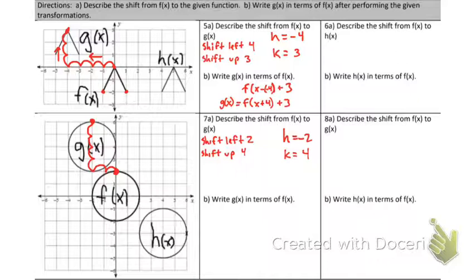Now I want to write it in terms of my f function. Okay, so this is going to be my g of x function once I plug in my h and k. So again, I took my f function and I'm going to shift it using h and k, and when I shift it, it's actually going to turn into my g of x function. So let's plug this in. My h gets plugged in here.